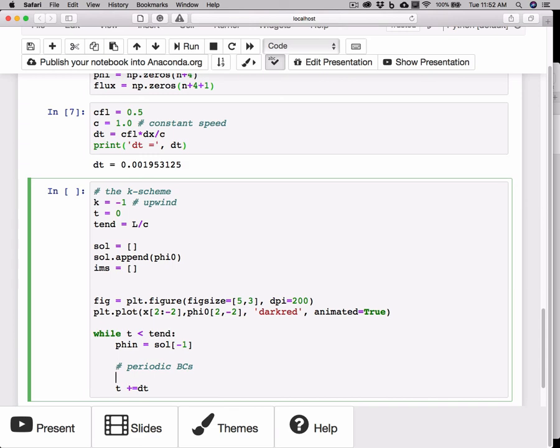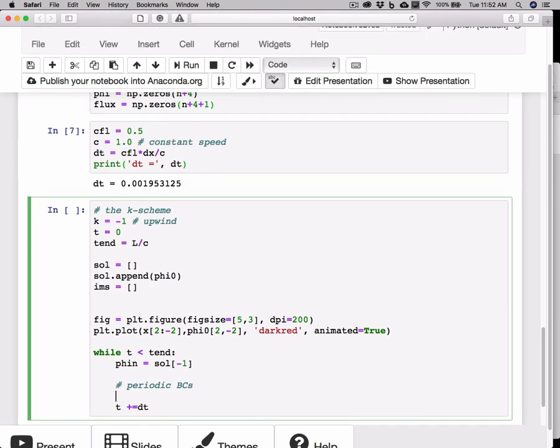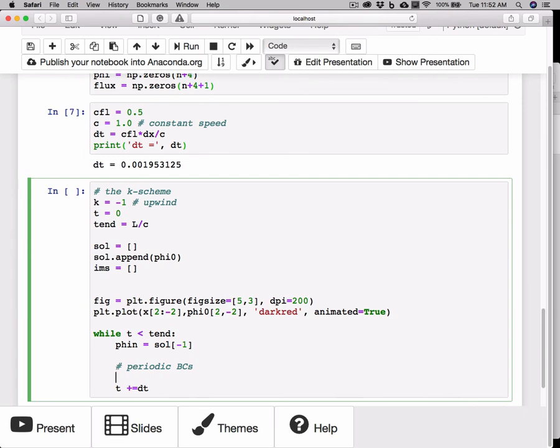For Python indexing, this is 0, 1, and this is -1, -2, -3, -4, and this is 0, 1, 2, 3, etc. So how are we going to do periodic boundary conditions?